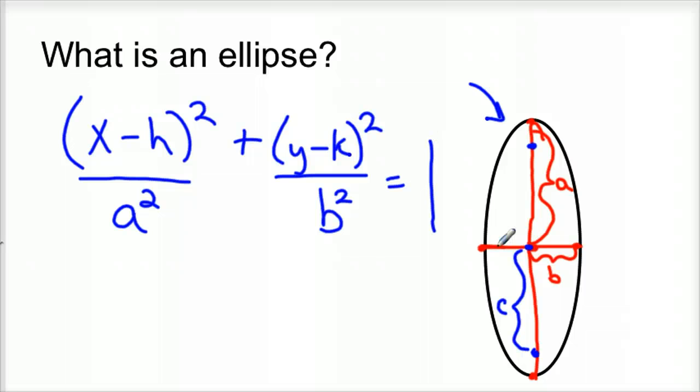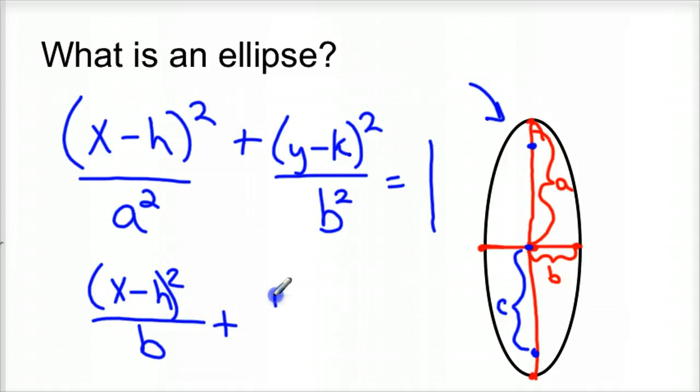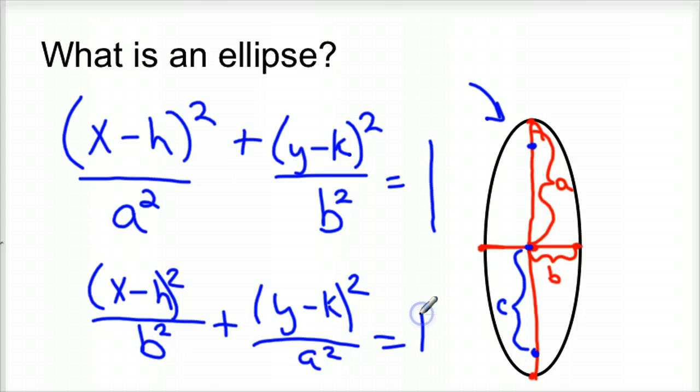Well, you could also have the graph look like this: (x minus h) squared over b squared, plus (y minus k) squared over a squared, equals 1.